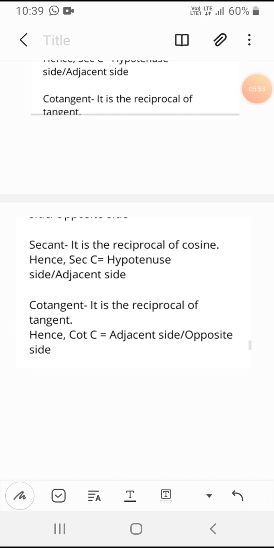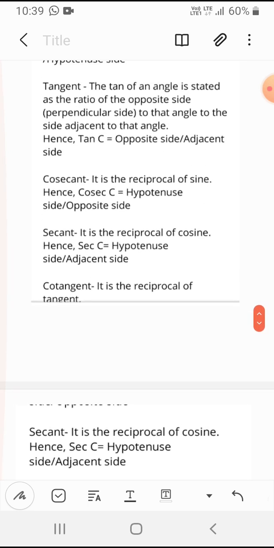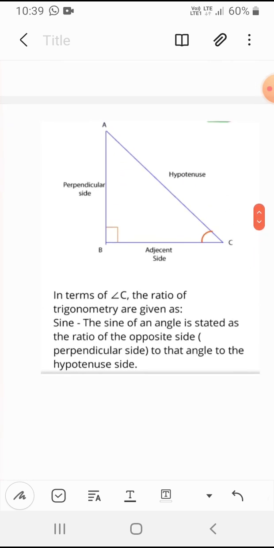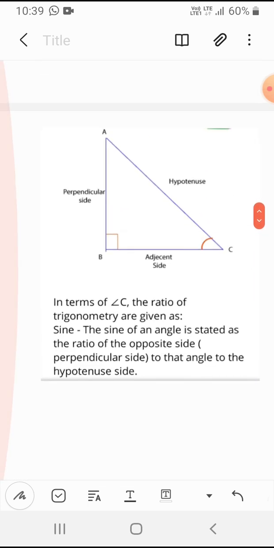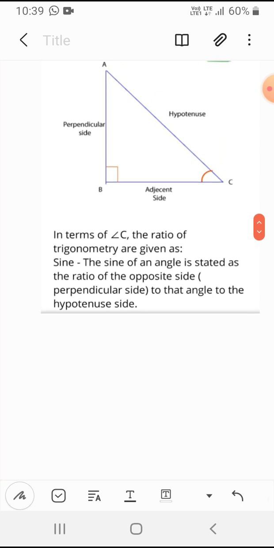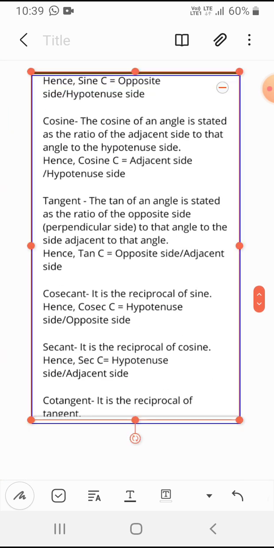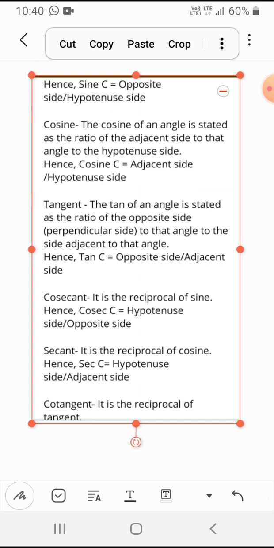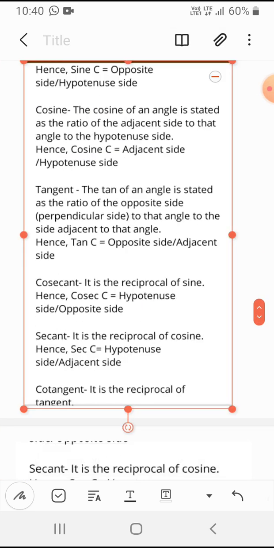Secant is equal to hypotenuse side by adjacent side, and cotangent is equal to adjacent side by opposite side. These are the things you have to understand. By seeing this diagram only you can say: sine is opposite side by hypotenuse, cos is adjacent side by hypotenuse, and tan is opposite side by adjacent side, and cosecant is hypotenuse by opposite side.